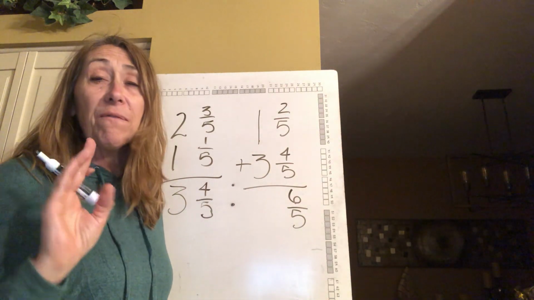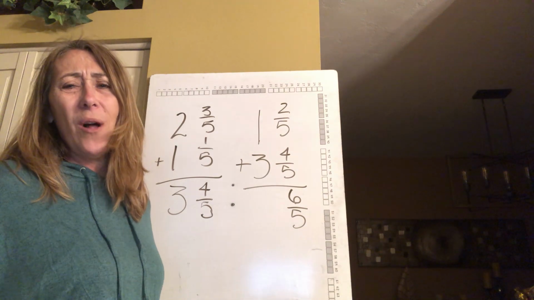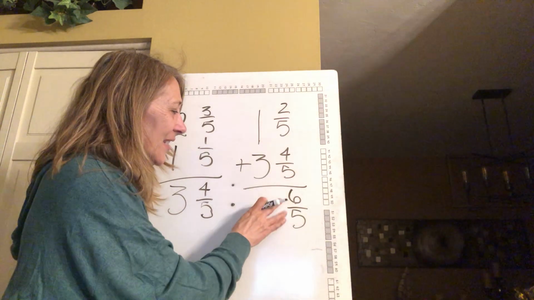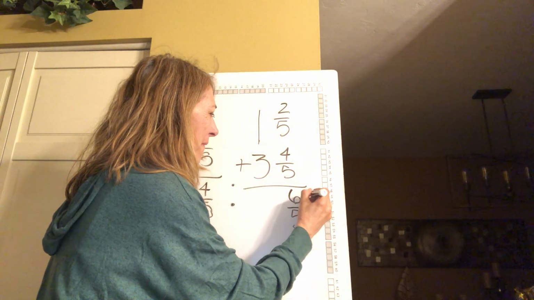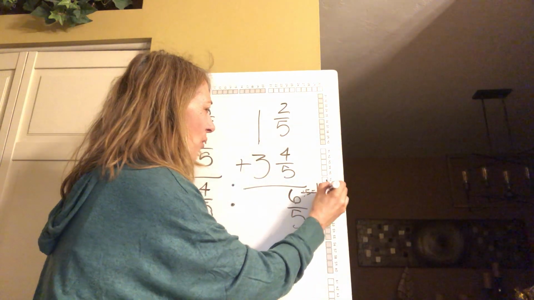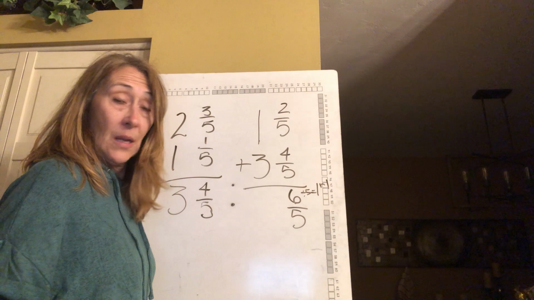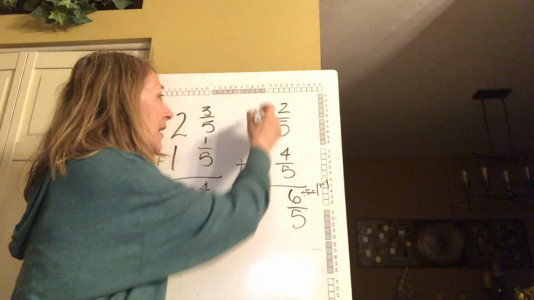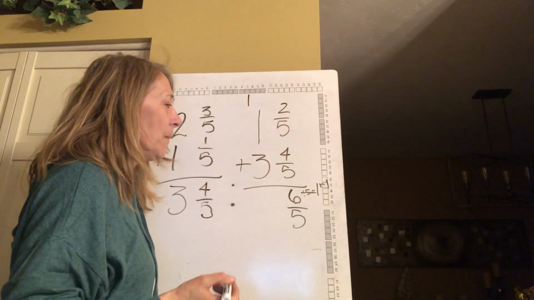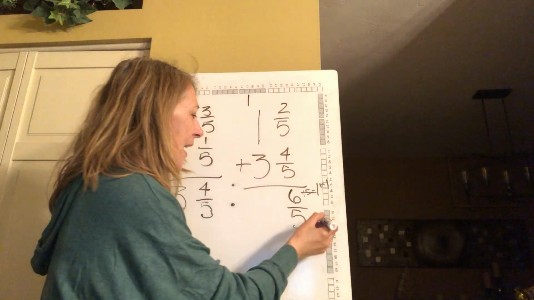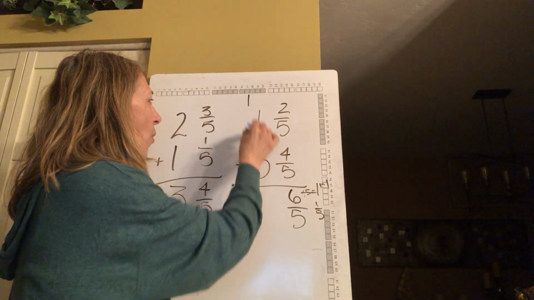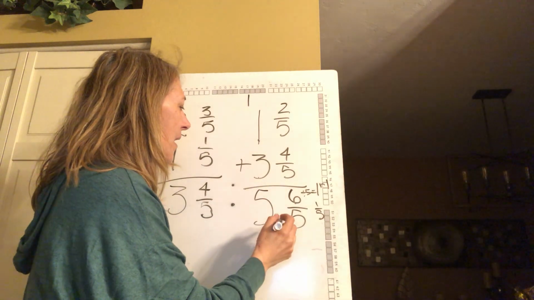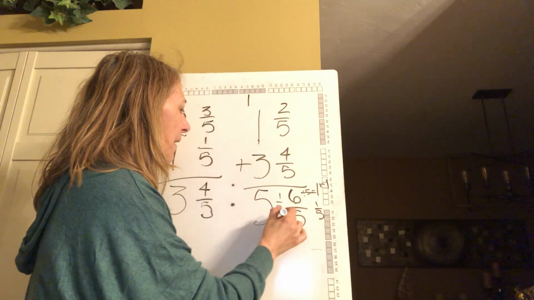What is that? That's a fraction greater than a whole, isn't it? Because I only need 5 pieces. 6 divided by 5 equals 1, remainder 1. So I'm going to take that whole 1 and I'm going to put it up here. And I have 1/5 left. So I have 3, 4, 5, and 1/5.